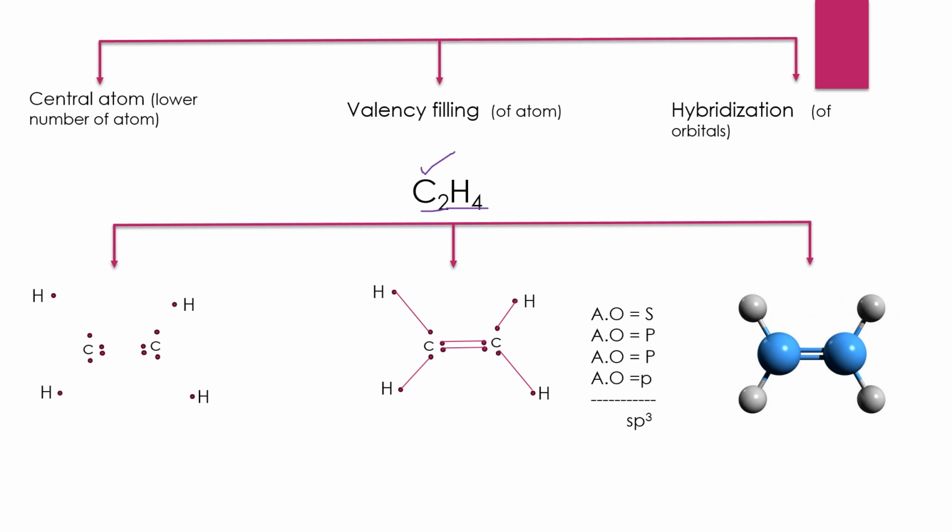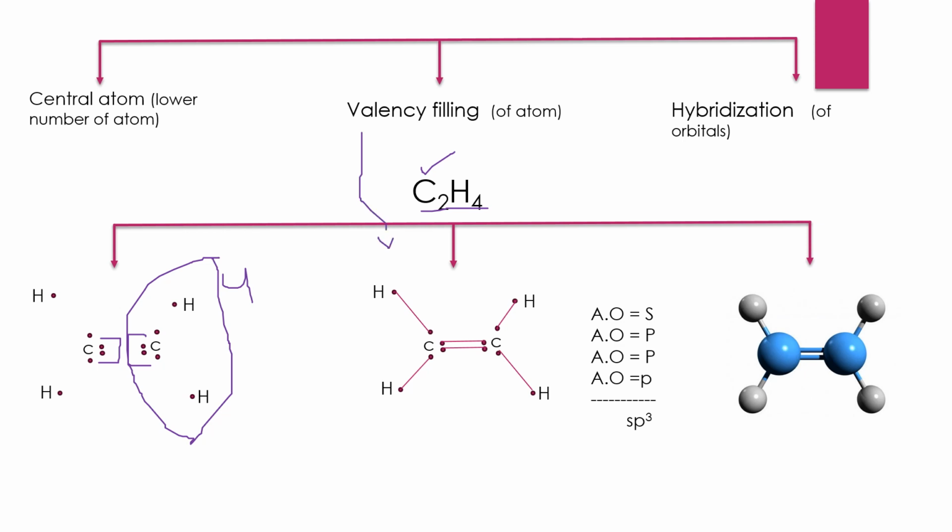There might be confusion about why there are 2 carbons here, because a single carbon has 4 electrons in its valence orbit, and when we join 2 different carbon atoms with bonding of 2 hydrogens each, we will place a double bond in the center because there would be 2 electrons that will be free. Those 2 electrons would make the bonding, and after that valency filling would be like this.